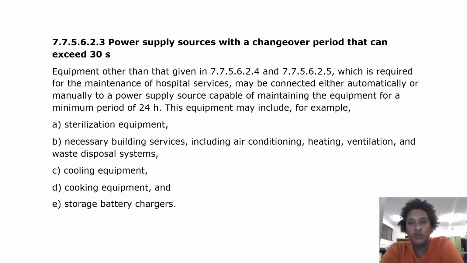Power supply sources with a changeover period that can exceed 30 seconds. Equipment other than that given in 7.7.5.6.2.4 and 7.7.5.6.2.5, which is required for the maintenance of hospital services, may be connected either automatically or manually to a power supply source capable of maintaining the equipment for a minimum period of 24 hours.